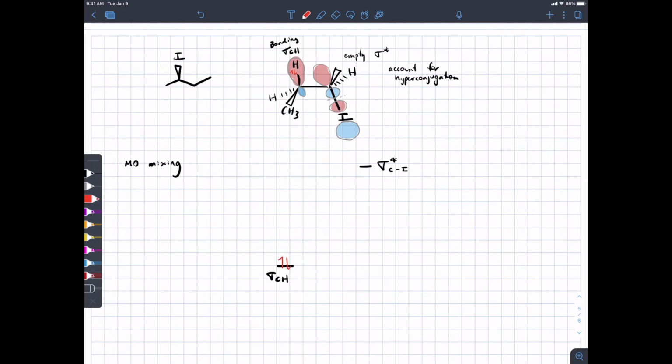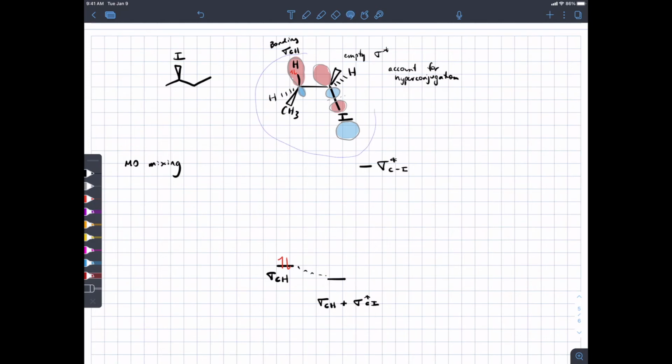The sigma star is empty, the sigma bonding orbital is full. They're going to mix together. We're going to do the plus combination, which is the in-phase combination. And the mixing is not that stabilizing because, of course, the two orbitals are really far apart in energy. So the interaction is not strong.